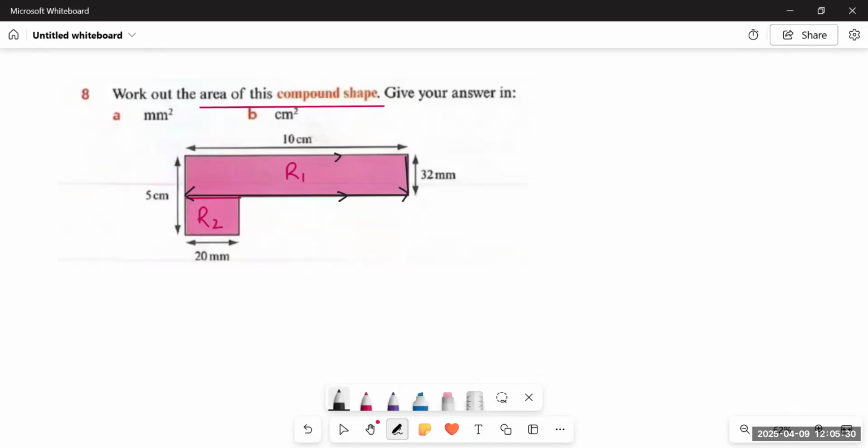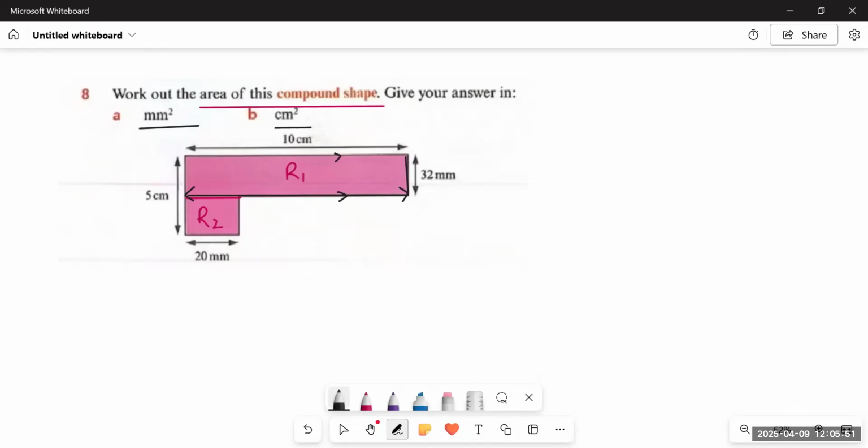So there is a change: for the length we are provided with centimeters, and for the breadth we are provided with millimeters. Since we have to find the answer both in millimeters and centimeters, let us first find the answer in centimeters, and then we will find the answer in millimeters.